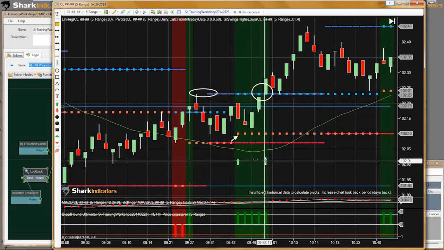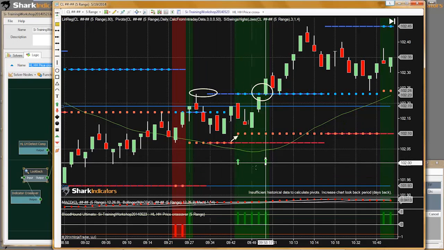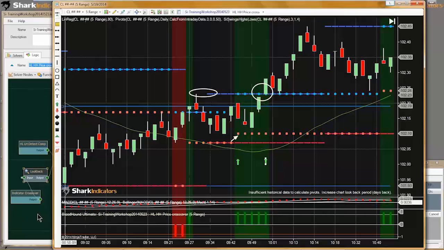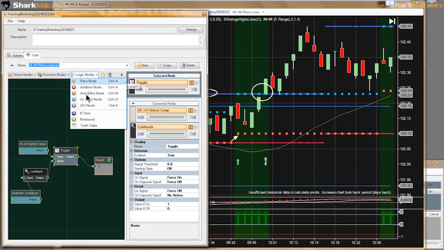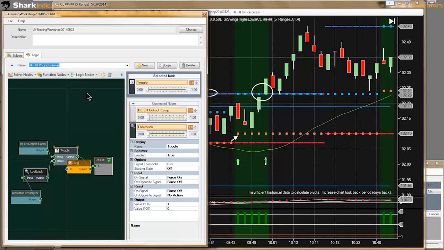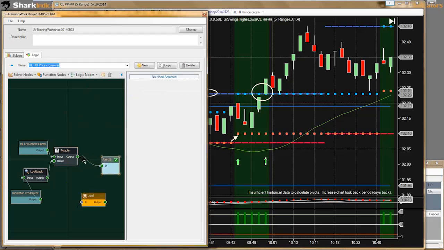So, right, that's kind of the reason why I love having this toolbar on my charts, so I can start marking where solver outputs are occurring. It helps me visualize things quicker. So now we take an AND node, right?